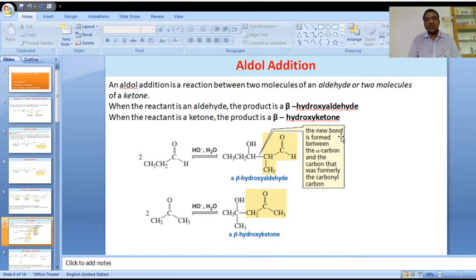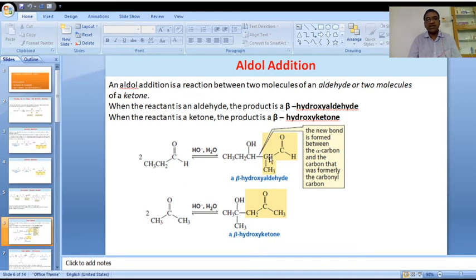The new bond is formed between the alpha carbon and the carbon that was formerly the carbonyl carbon. This is the alpha carbon, this one here, the active methylene containing carbon.